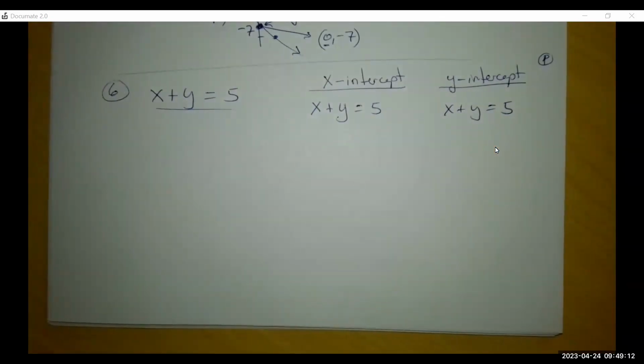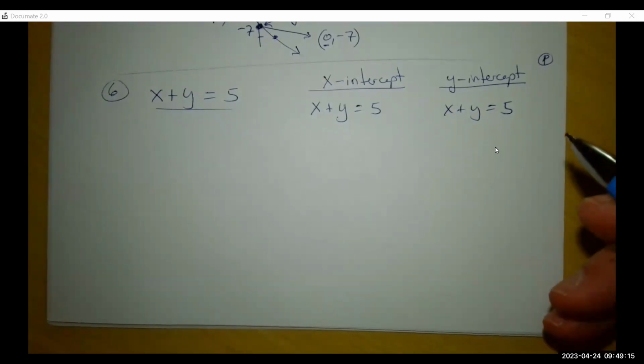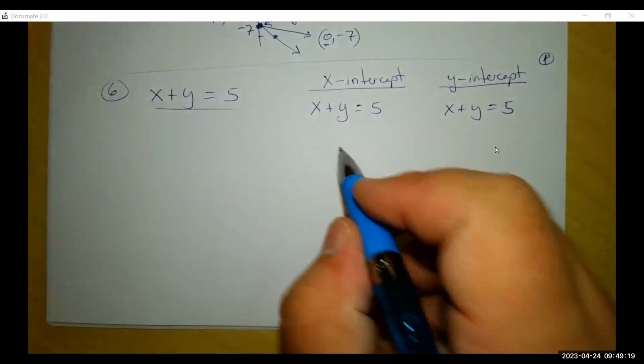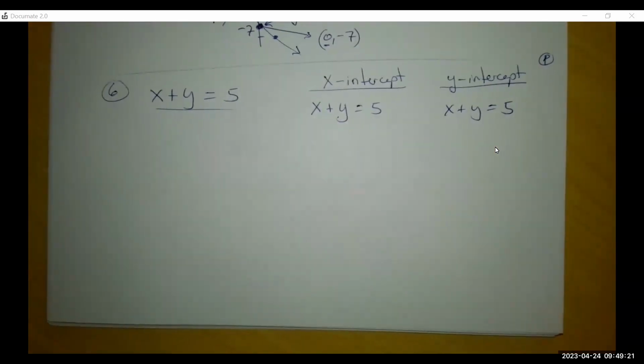Find the x-intercept. What do you have to do? Look at your notes. You just have it written down. What does it say? How do you find the x-intercept? Look at your notes.